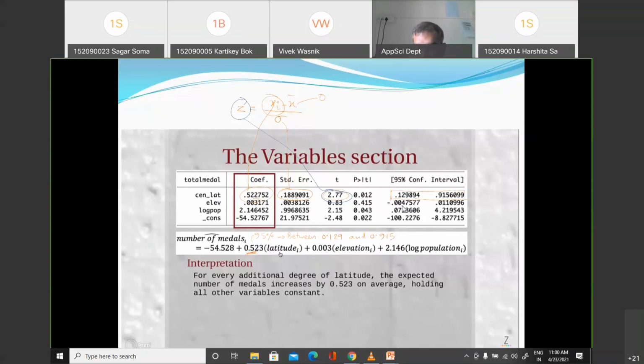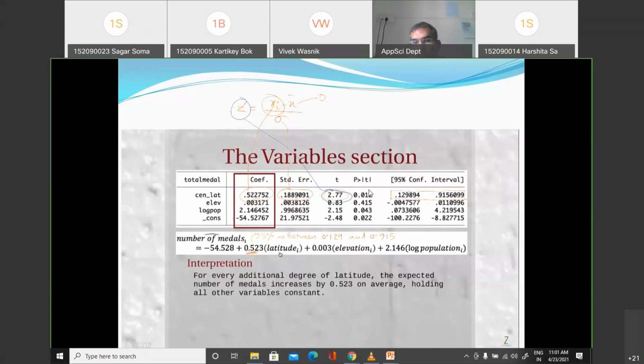So we can interpret that this coefficient is not that different from 0. So this is not a variable which should be included in predicting the dependent variable.